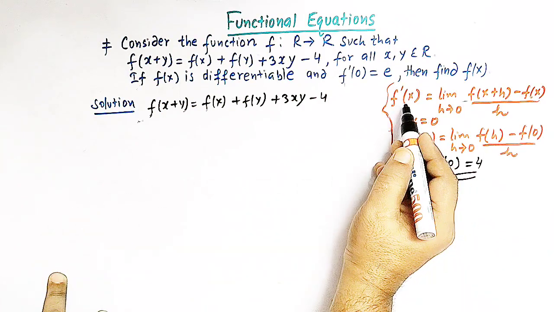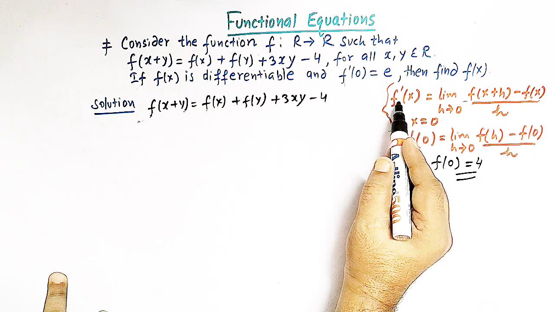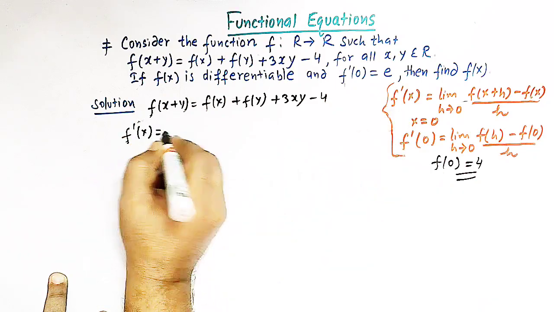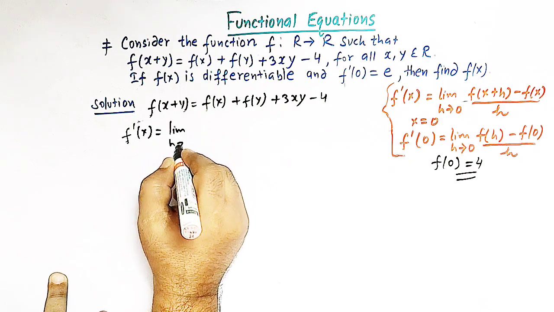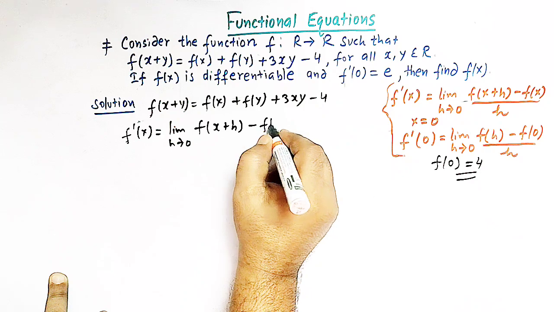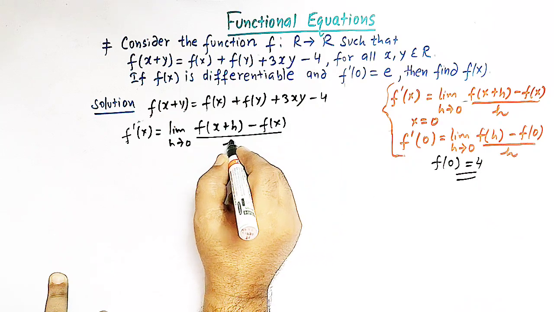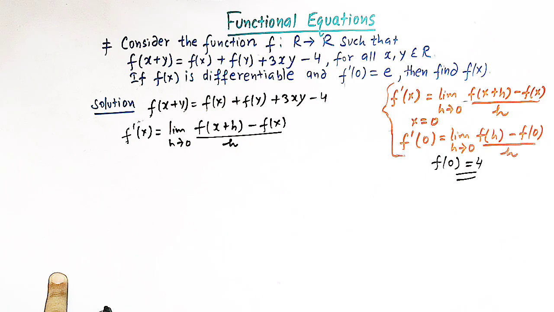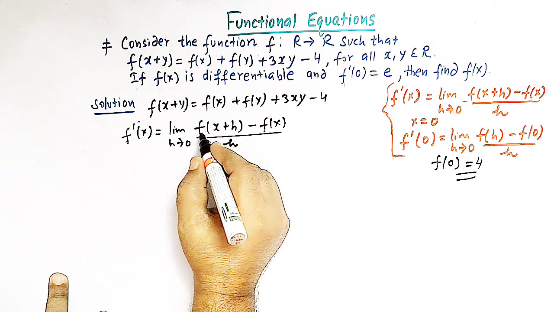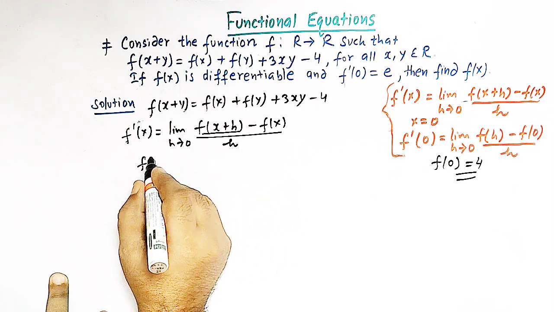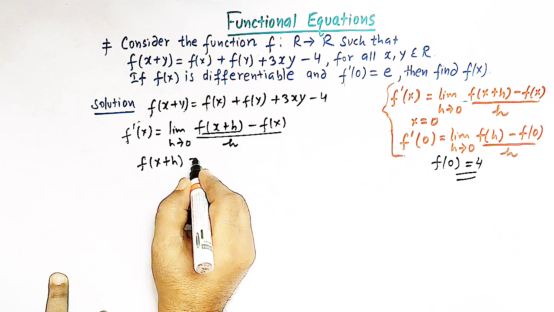So now let us come to the definition of the derivative. We have f prime of x is equal to limit h tends to 0, f of x plus h minus f of x divided by h. And remember, this h is infinitesimally small, and it is a positive quantity, right? Now here we have this term, that is f of x plus h.